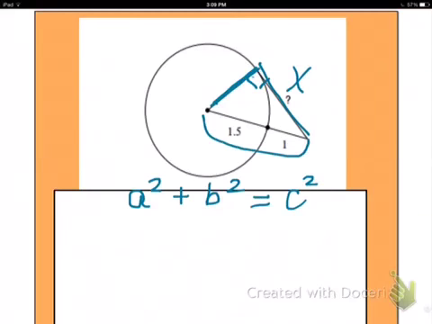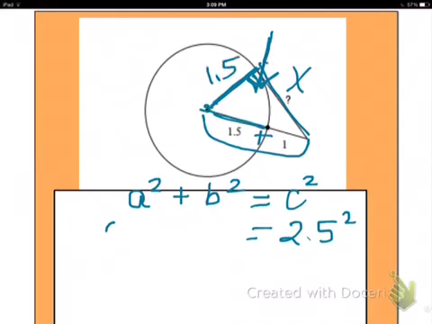I know that this side right here would be 1.5 plus 1. So that would be 2.5 is my hypotenuse. I know that's my hypotenuse because I make an arrow out of my right angle mark. All right. I know this is a radius, so it's going to be the same thing as this radius, so that's also 1.5. So 1.5 squared.